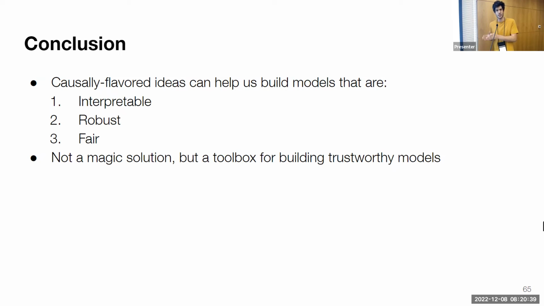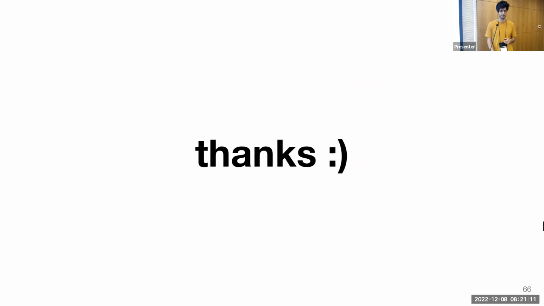It's not that the problems are necessarily causal, or that their causal explanation is necessarily the best one, but there are problems where thinking from a causal perspective could allow us to model the problem, propose solutions, and think about this loop of how this affects the capabilities of our models. So at least in the case of interpretability, robustness, and fairness, I honestly think that there is a lot from this toolbox that can help us generate better and trustworthy models. Thank you.